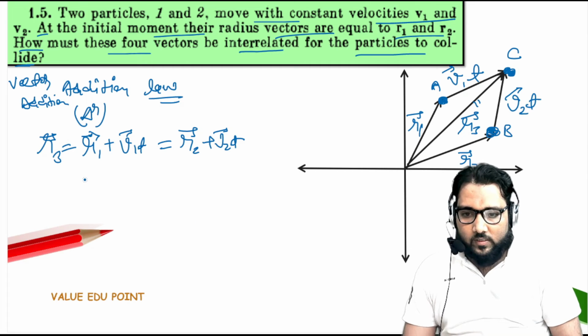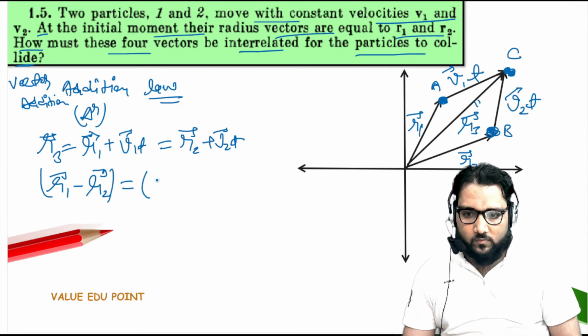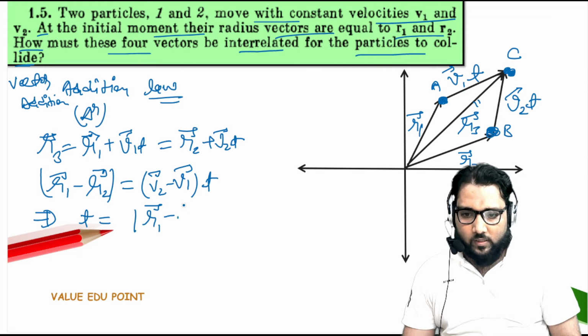If I solve this, I can write r1 minus r2 equals v2 minus v1 into t, so t is equal to r1 minus r2 divided by v2 minus v1. t is a scalar quantity, so we have to take the modulus of these two quantities.